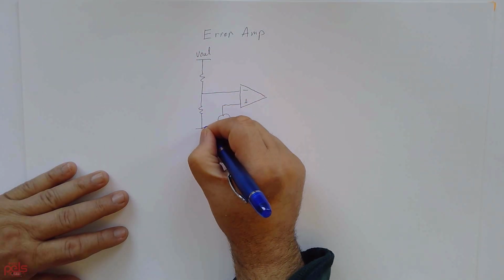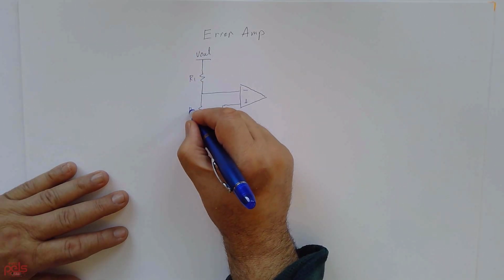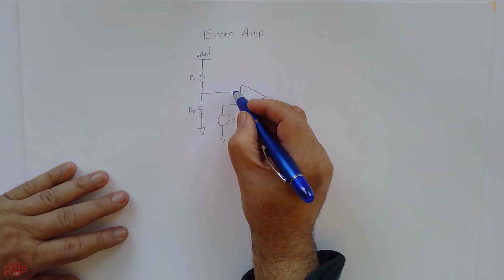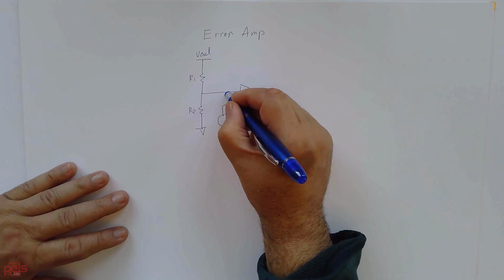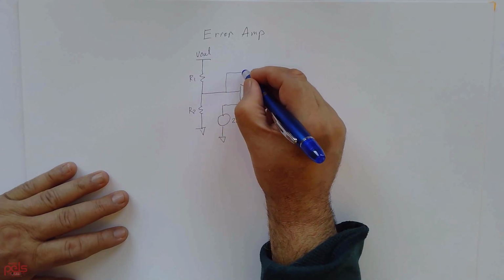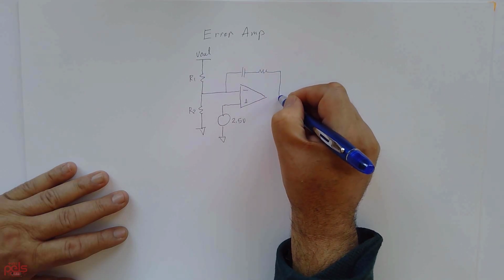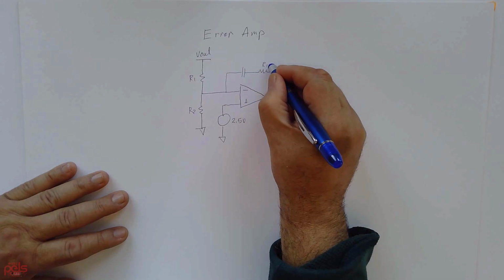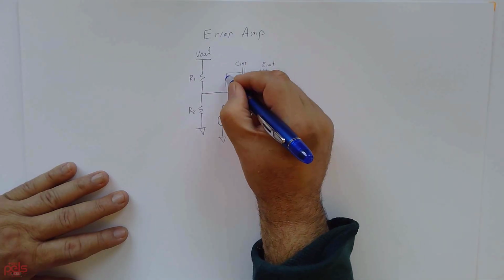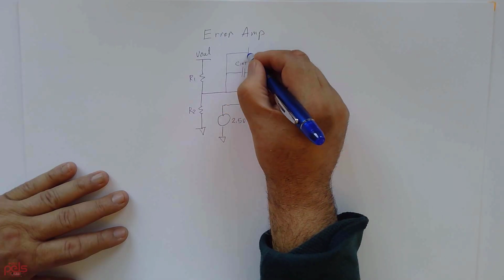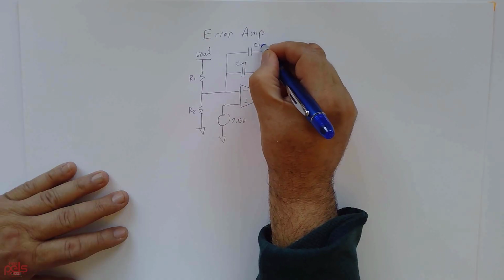You're using a divider and feeding a scaled down voltage to the inverting side. And then you have that integrator capacitor and your integrator resistor. And then you have your high frequency cap. And I call it the roll off.